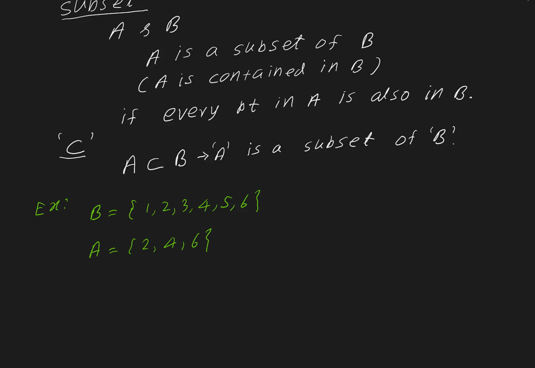So you see all elements of A, 2, 4, 6, are in B. Therefore, we can say A is a subset of B. But if we consider C, I write down 1, 3, 7. So you see 1 and 3 are in B, but 7 is not in B. Therefore, C is not a subset of B.